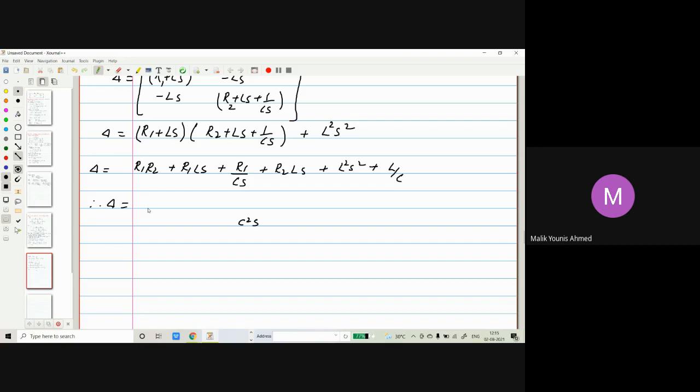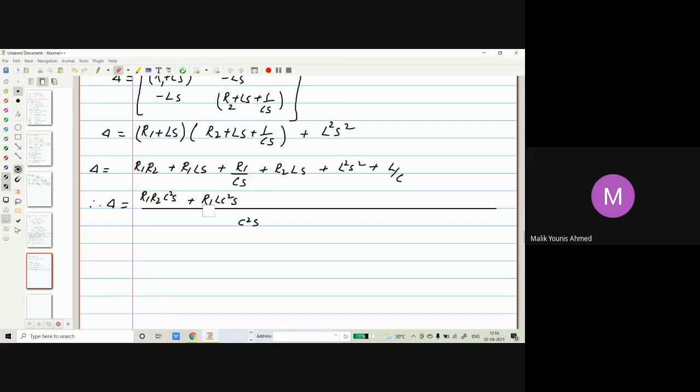R1 R2 plus R1 S cube, sorry, no, S is the LCM, so C square S is the LCM, one of the S will go, so that will be S square only, sorry.